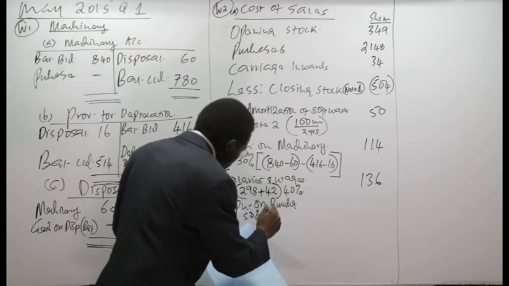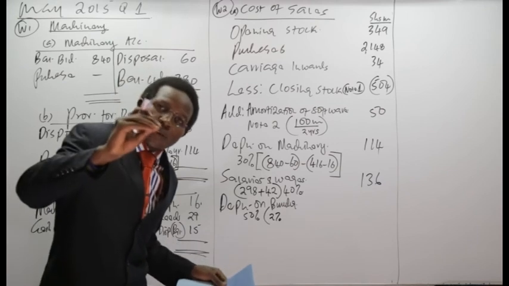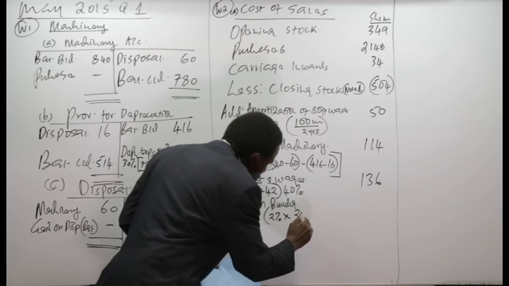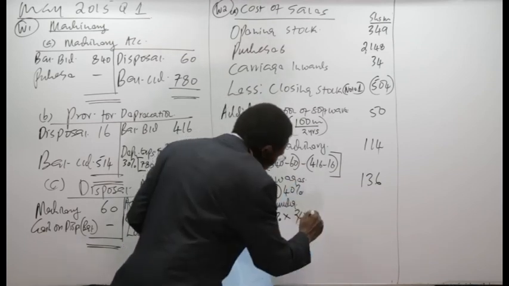So we come and say 2%, friends, is the depreciation rate. You multiply that with the 2/3 of land and buildings. Land and buildings is 1,800.